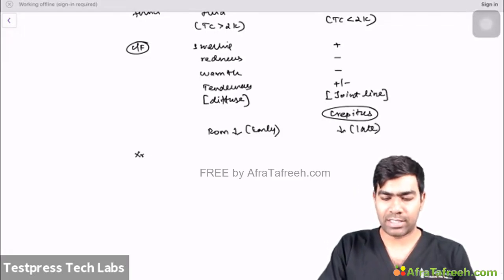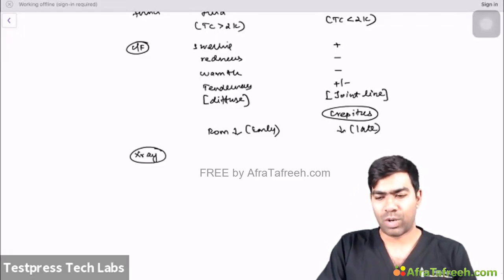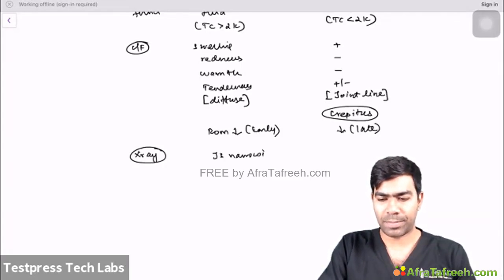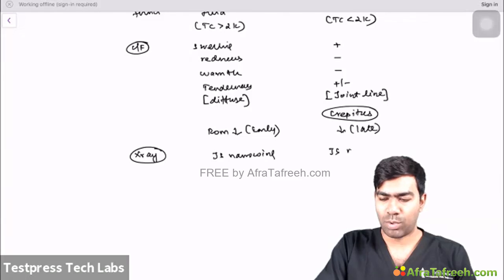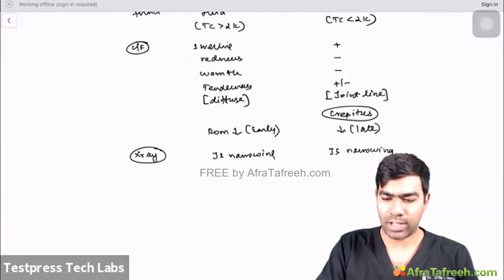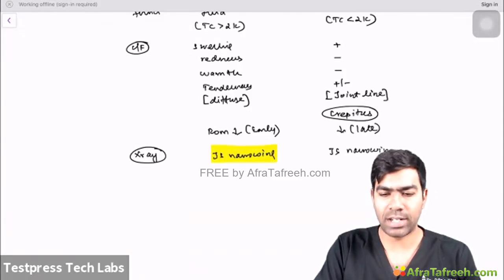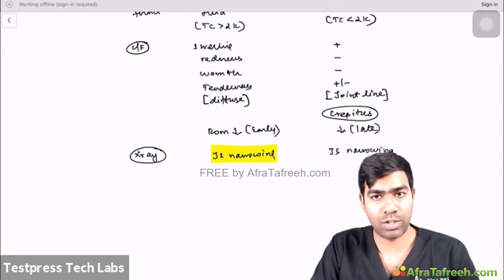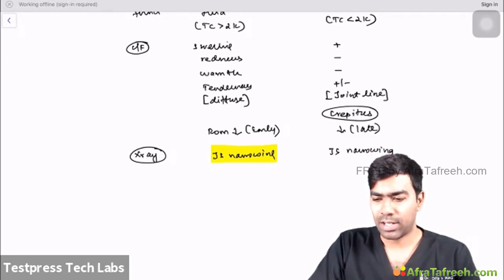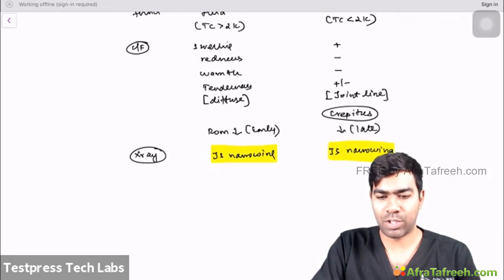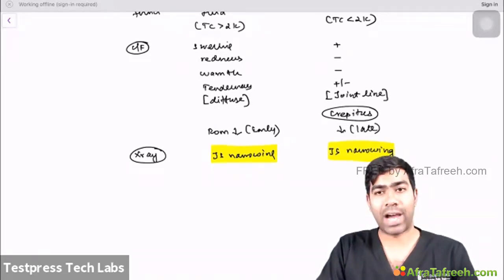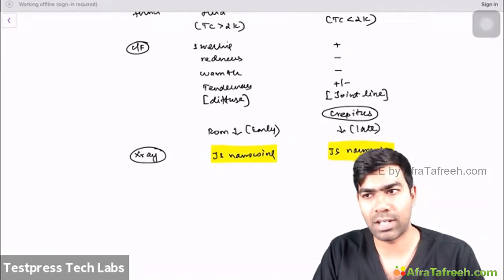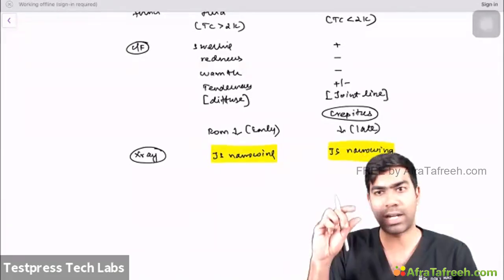As far as X-ray is concerned, one finding that is common to both is joint space narrowing. Joint space narrowing can happen in both inflammatory as well as non-inflammatory arthritis. There are exceptions for both. For example, joint space narrowing may not be seen in gouty arthritis. That's a characteristic example: gout does not cause joint space narrowing. Similarly, instead of joint space narrowing, there can be joint space widening in hypertrophic arthropathy, which typically happens in acromegaly, where there will be cartilage enlargement.